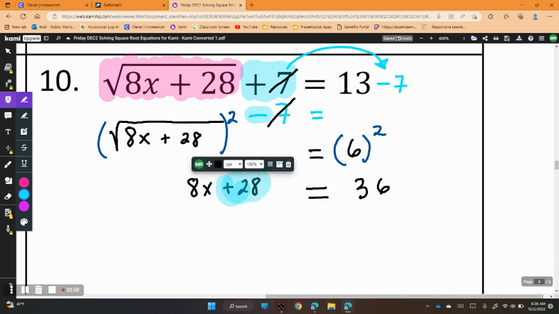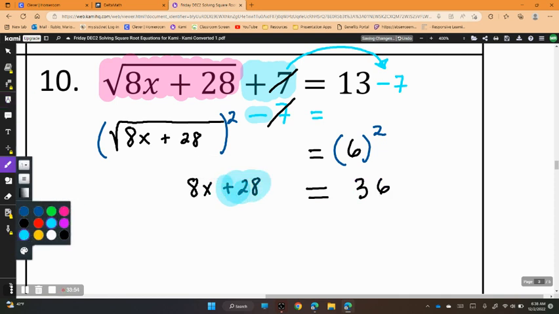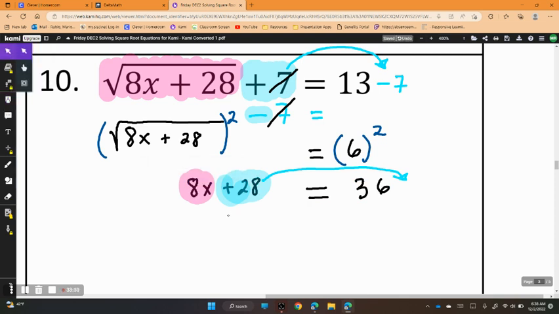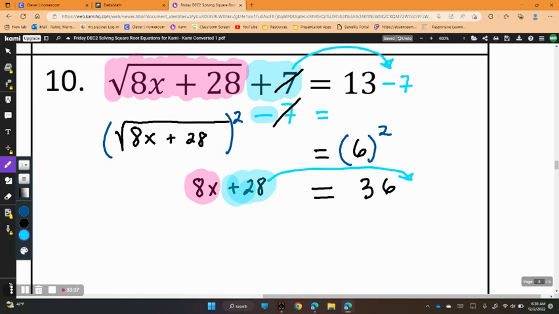I need to bring this 28 to the other side so that I can start. My goal here is I'm trying to isolate x or get x by itself. So I do the 28 first, then I'll come back for the 8. Subtract 28 from both sides.